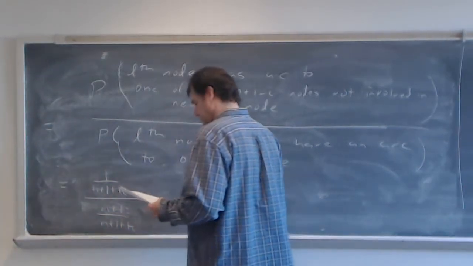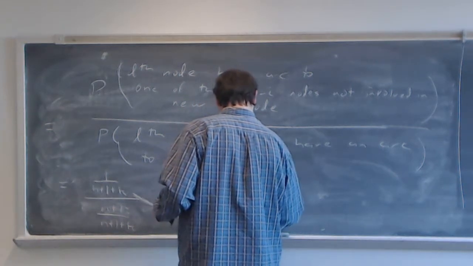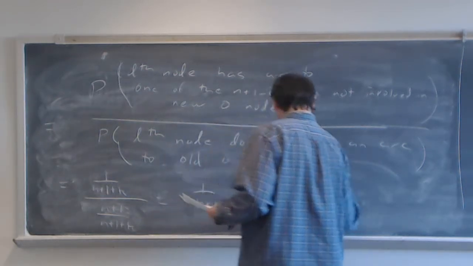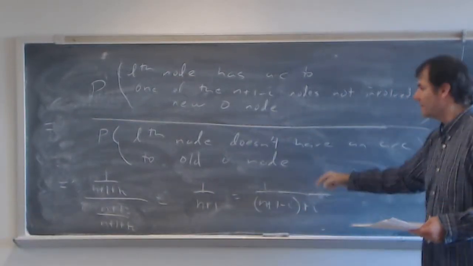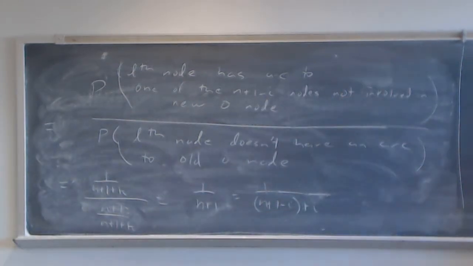And that's equal to 1 over n plus 1, or if you will, 1 over n plus 1 minus I plus I. And so that's the second part of the y sub j in our original lemma. Or maybe that was the first part. That was the first part.